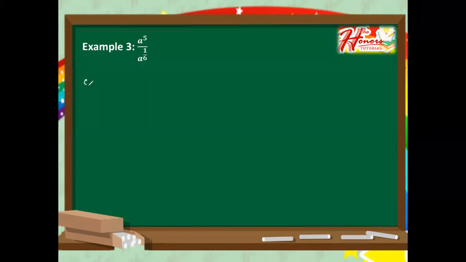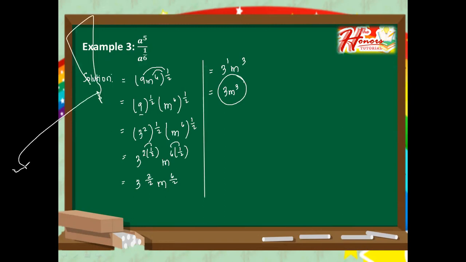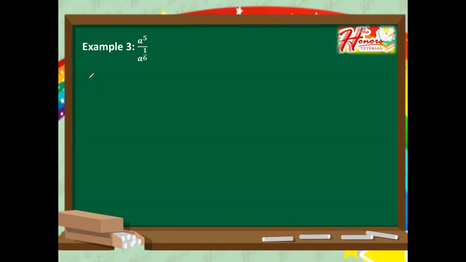So let's copy the given first. Let's write the solution here. So this is a raised to 5 over a raised to 1 over 6.